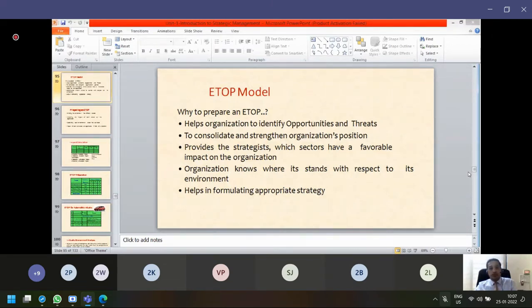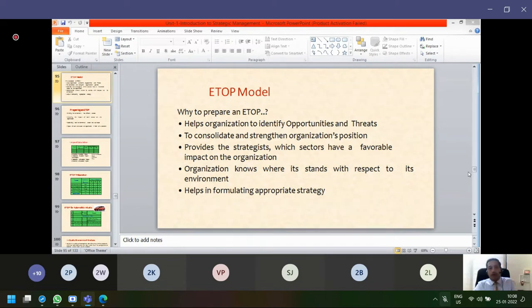So this model will help us to understand different opportunities and threats for a company by studying the external environment. So for studying the external environment and its impact on the organization's performance, we'll have to prepare this ETOP. We can analyze the environment by using this ETOP model.